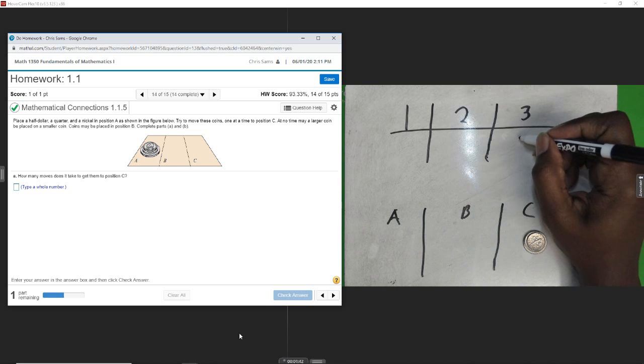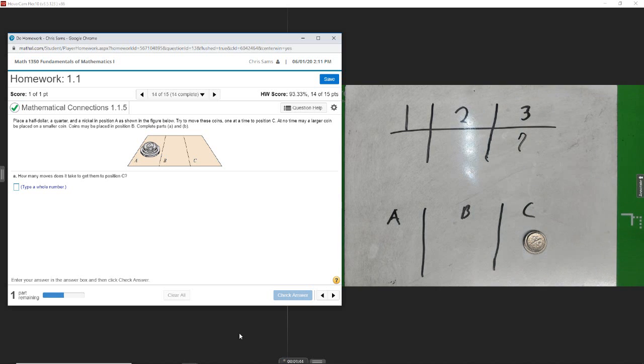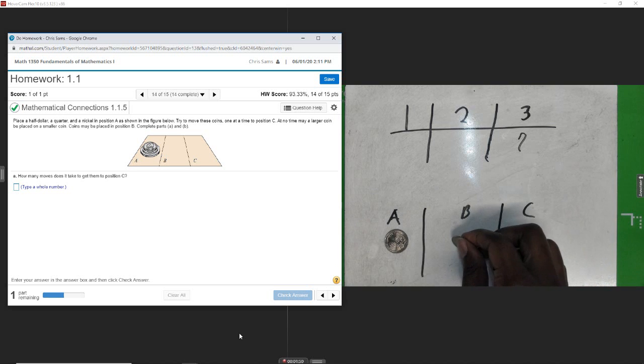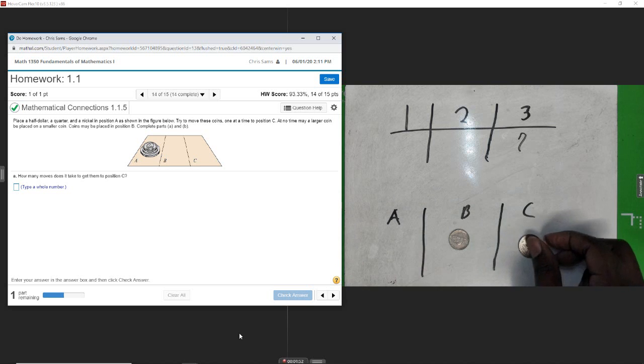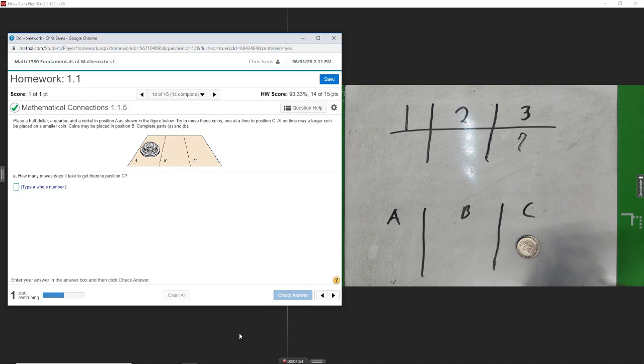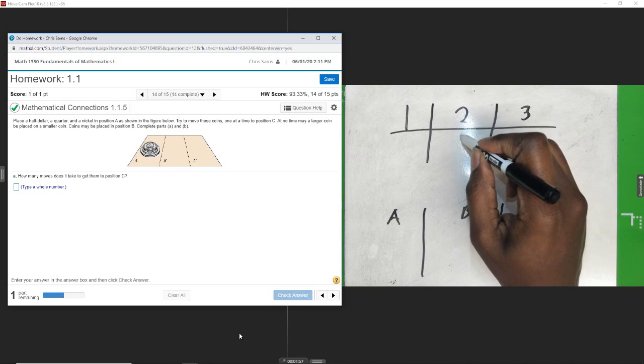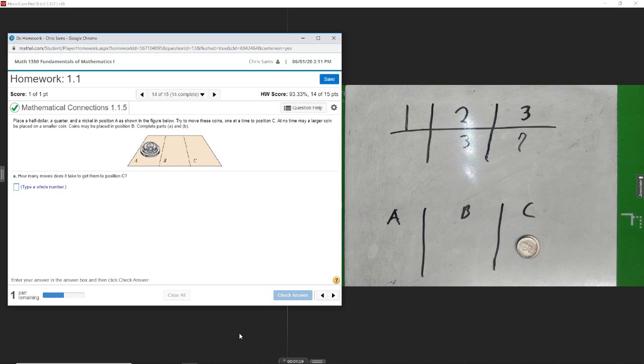Takes me 7 moves to move from A to C with 3 coins. What if I had 2? 1, 2, 3. Would take me 3 moves. And if I only had 1, it would only take me 1 move.